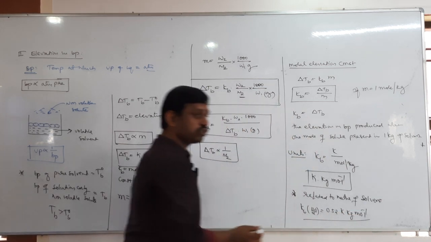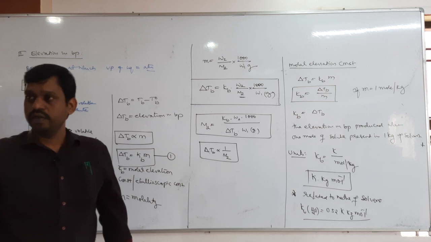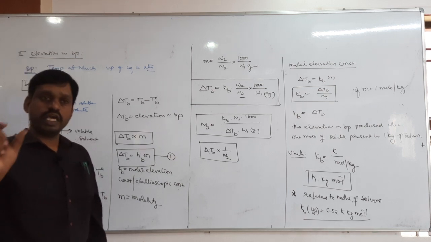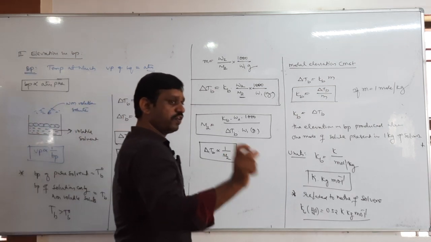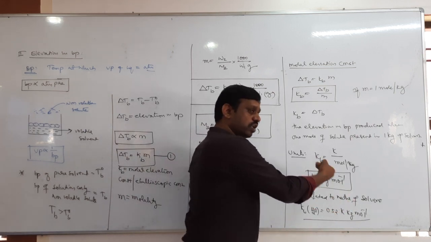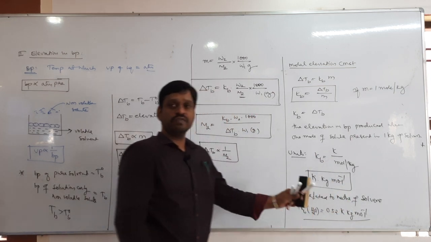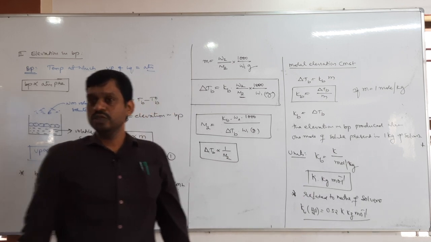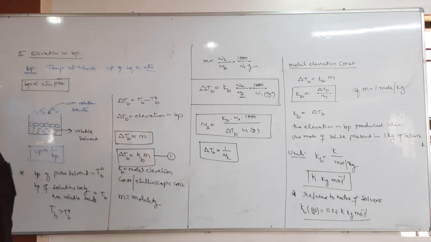That means each solvent has a different Kb value. Wherever we take water as the solvent, the Kb value is always fixed, 0.52. So Kb is related to the nature of the solvent but not the nature of the solute. Okay, take down till here.